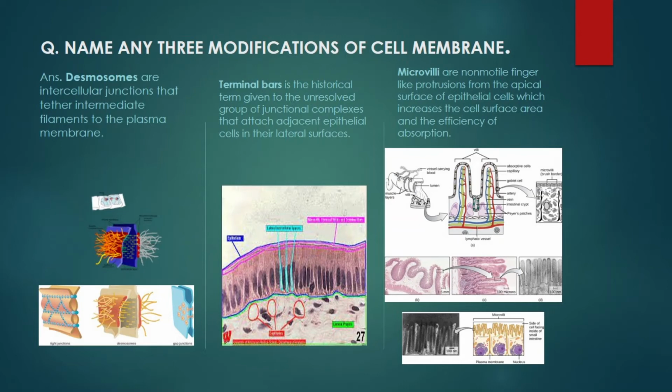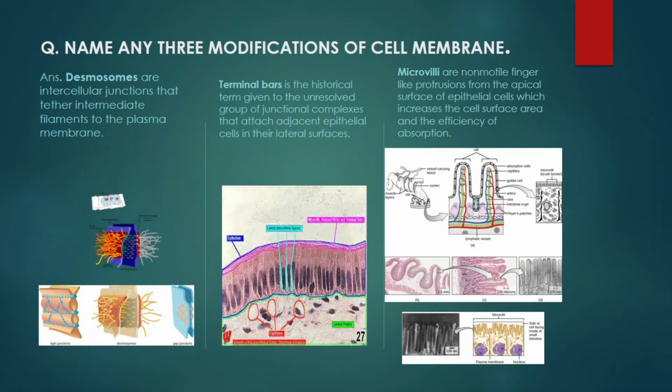Ion exchanges also happen, and these are transferred through the plasma membrane. So the intercellular junctions which tether the intermediate filaments to this plasma membrane are called desmosomes. That is a modification of the cell membrane.